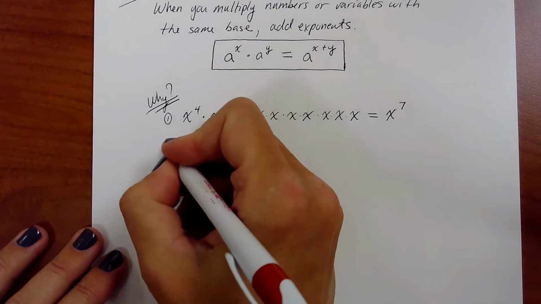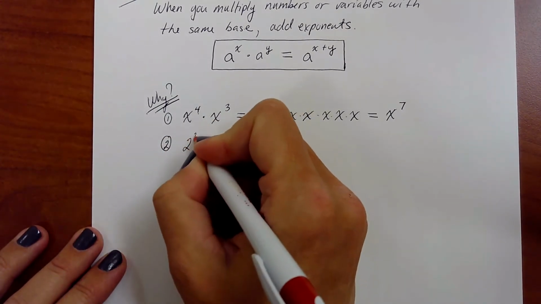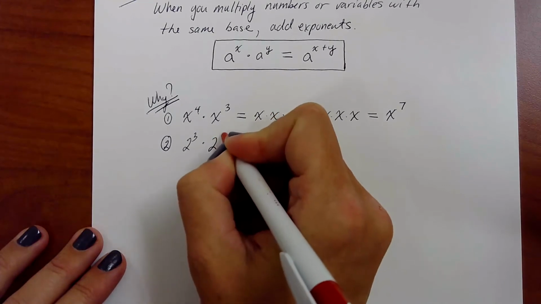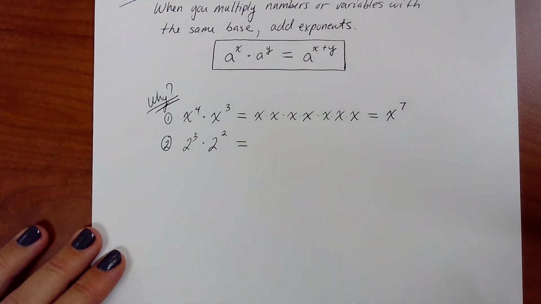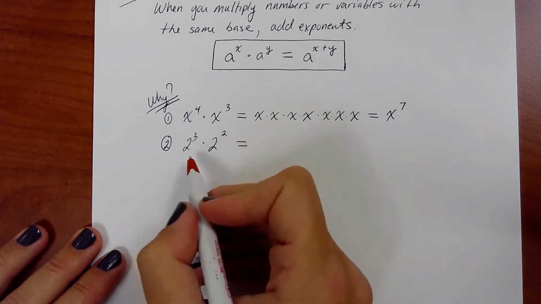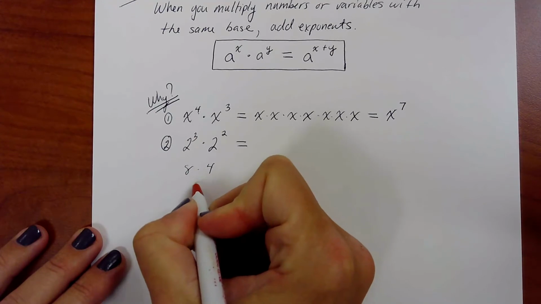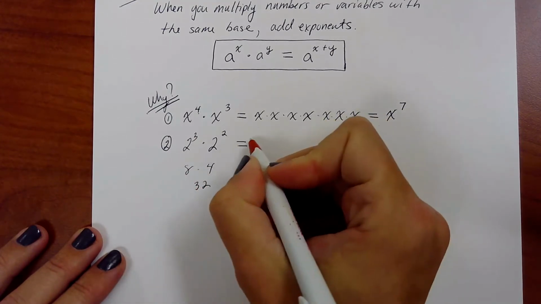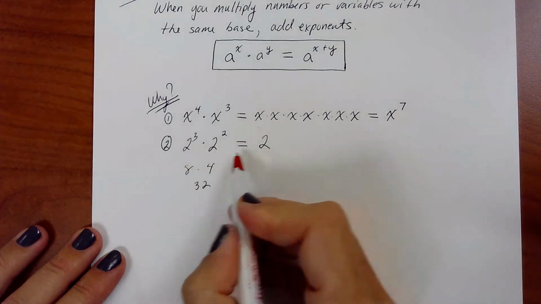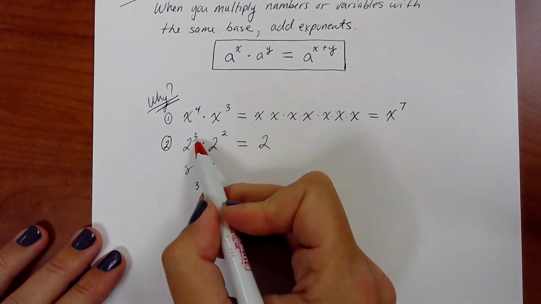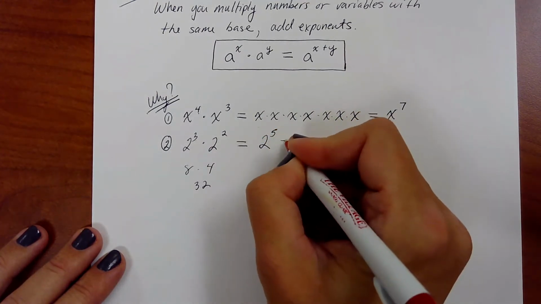Let's try it with numbers, because sometimes that's easier. So let's say 2 to the third times 2 to the second. Well, let's do it before you knew the law. 2 to the third is 8 times 4, that's 32. If you use the law, you keep the 2, the base. You just drag it over. The exponents are the only math you have to do. 3 plus 2 is 5.